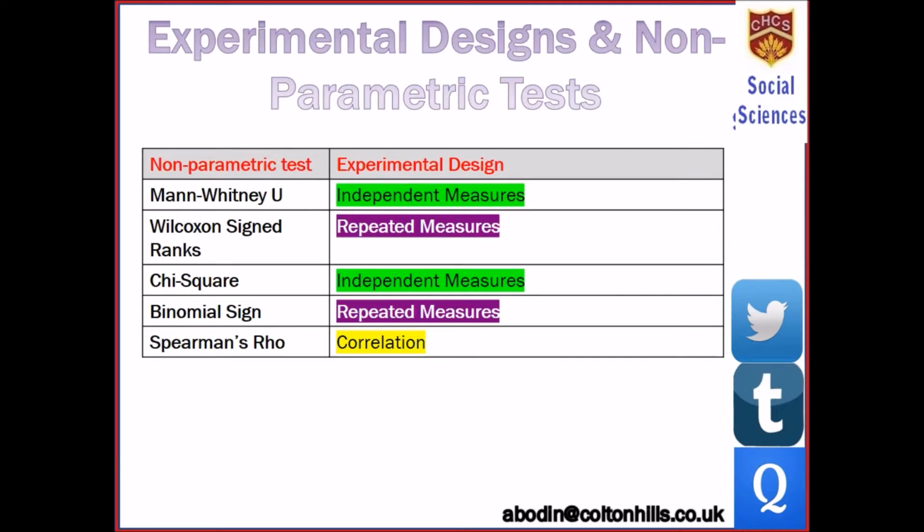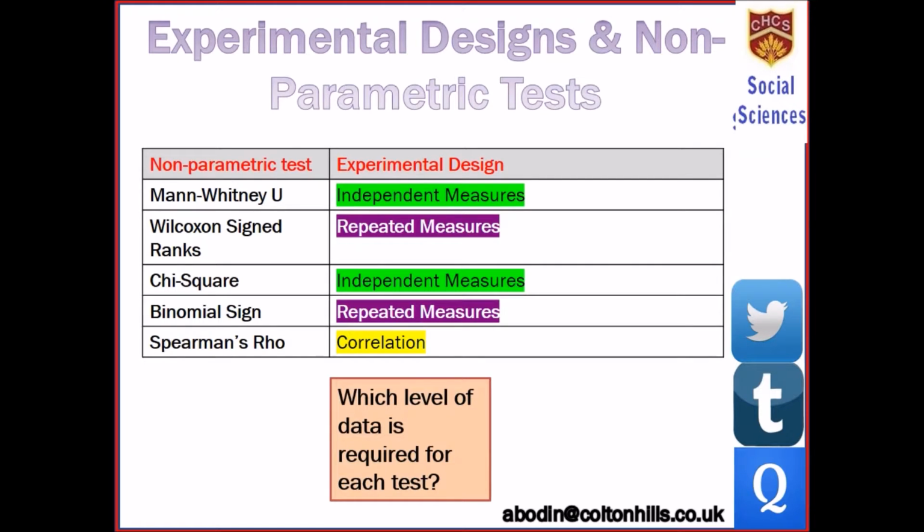Now, due to the fact that you can see that independent measures has cropped up twice and repeated measures has cropped up twice, you also need to know the level of data that was collected within the research, because this will also influence as criteria. So with Mann-Whitney U, it's a specific level.